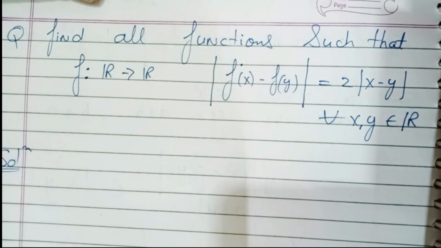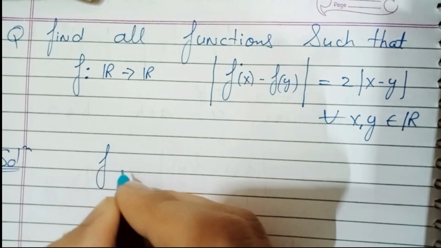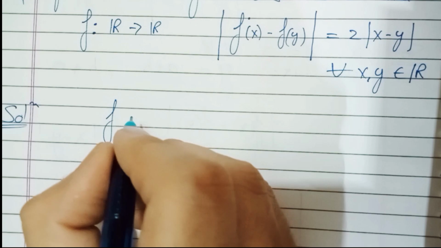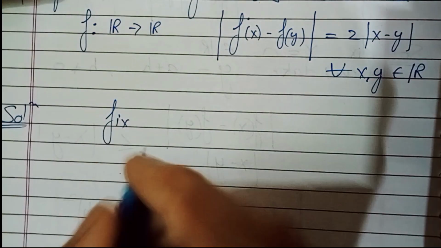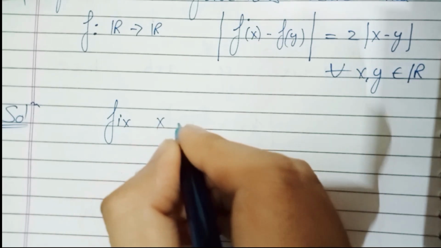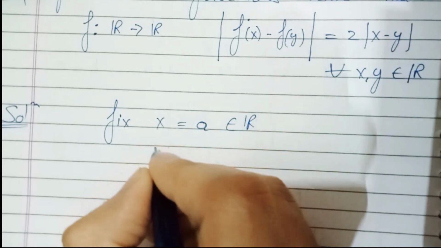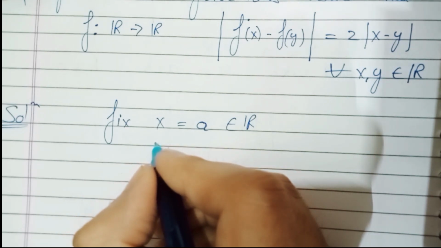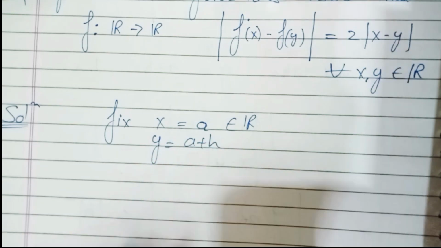You see, what most students would have done is this. They would have fixed x. First, they'll fix x equals a belonging to real numbers, and they then might have taken y to be a plus h.